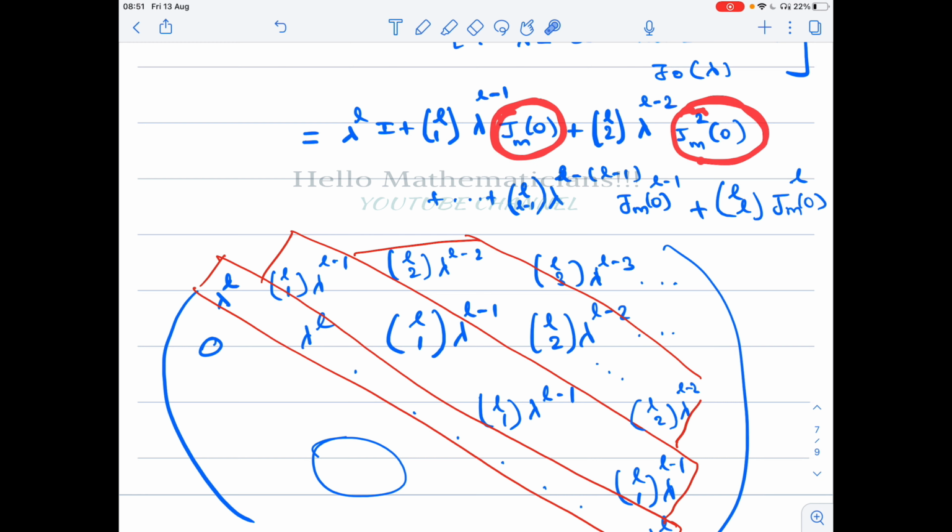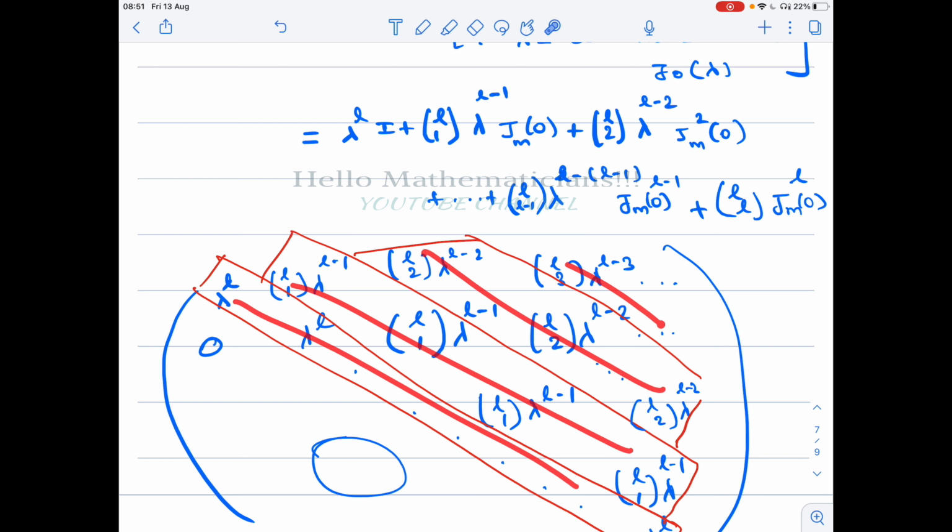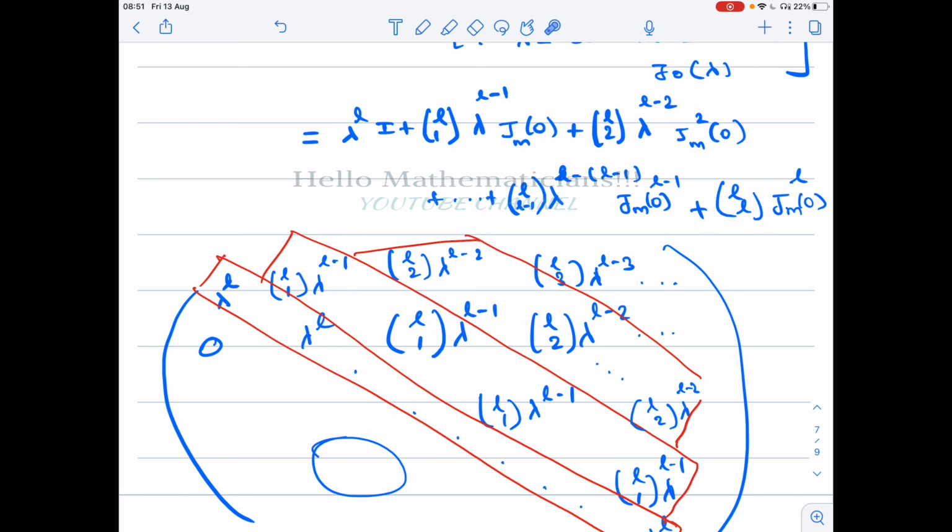Here one occurs only in the diagonal next to the super diagonal. So when you add these two matrices, the entries will be in the super diagonal as well as in the next diagonal. So when you add all of them, you get entries everywhere, up to this Jm power L of 0. So that is our observation.